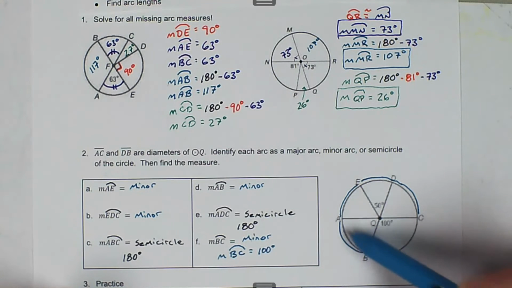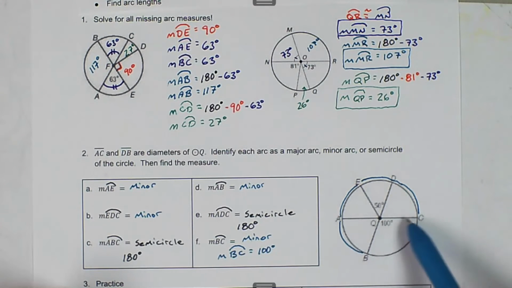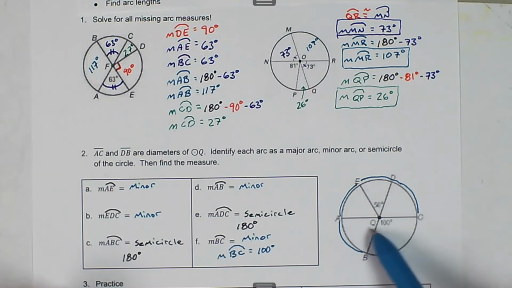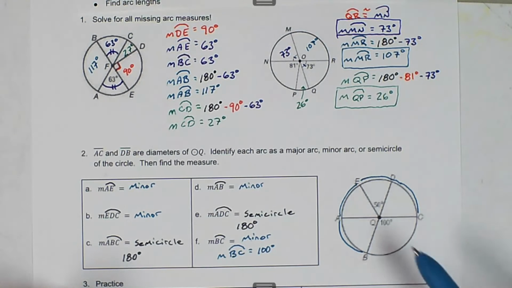So here is AB. You remember AB is part of that semicircle that already has 100 degrees included. So we have to calculate this last arc by subtracting 180 minus 100.